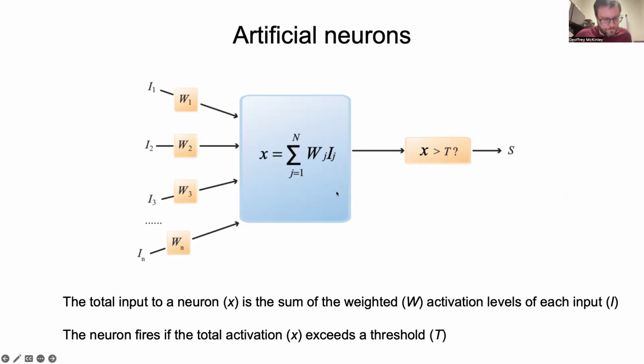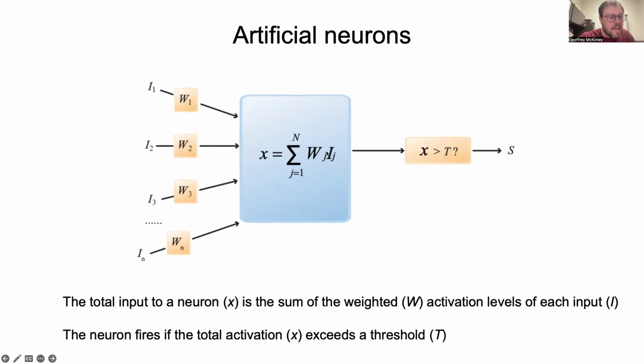Some threshold. And if you look here, this seems like it's complicated, but it's not. It's essentially saying, let's take this input and weight it, so multiply it by this weight, and do that for each one of these inputs.